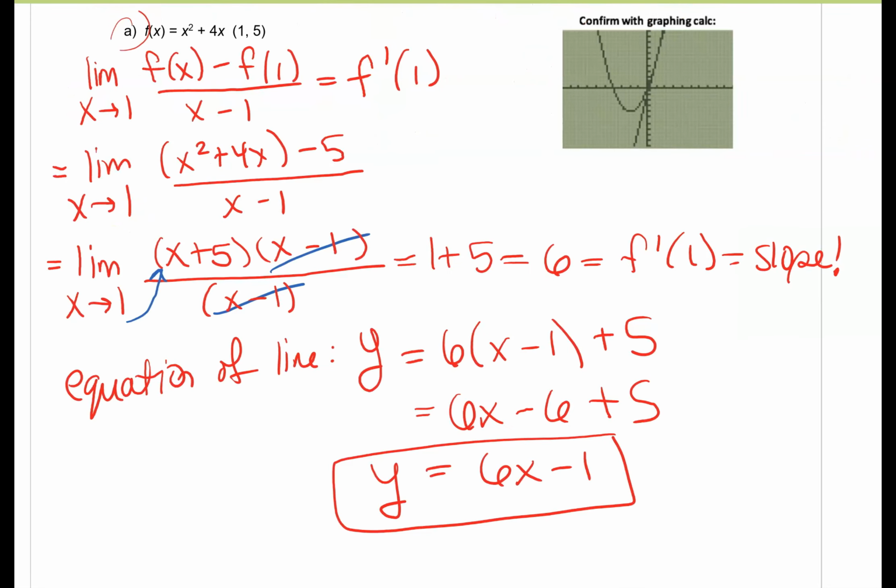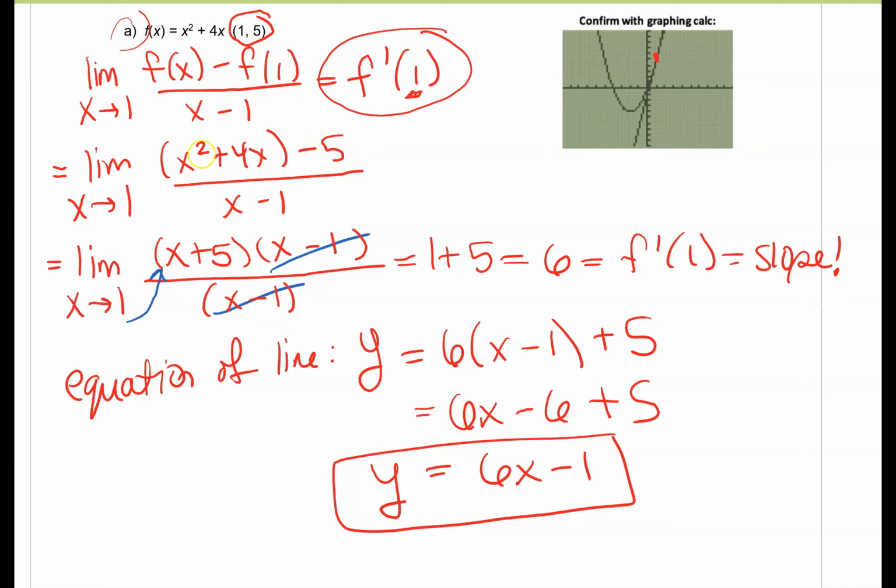Okay, so we already had a point on the line, 1, comma 5, which is on the graph. It's like right here-ish. And then all we needed to find was our slope, which is the derivative of f at 1. So I was using this limit form of the derivative. And I went ahead and plugged in 1 for f, that's 5.